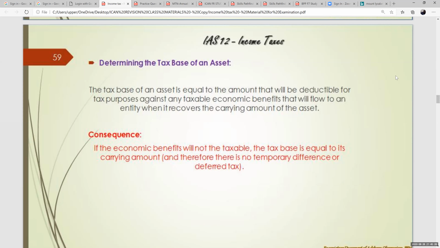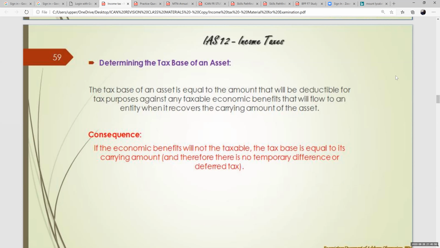And that's why for items that are qualifying capital expenditure, such as PPE, it is easier to determine their tax base. If it costs me 10 million naira, and in year one I've only enjoyed capital allowance of 2 million, it means the portion I'm yet to enjoy in future years is the 10 million minus the 2 million already enjoyed.